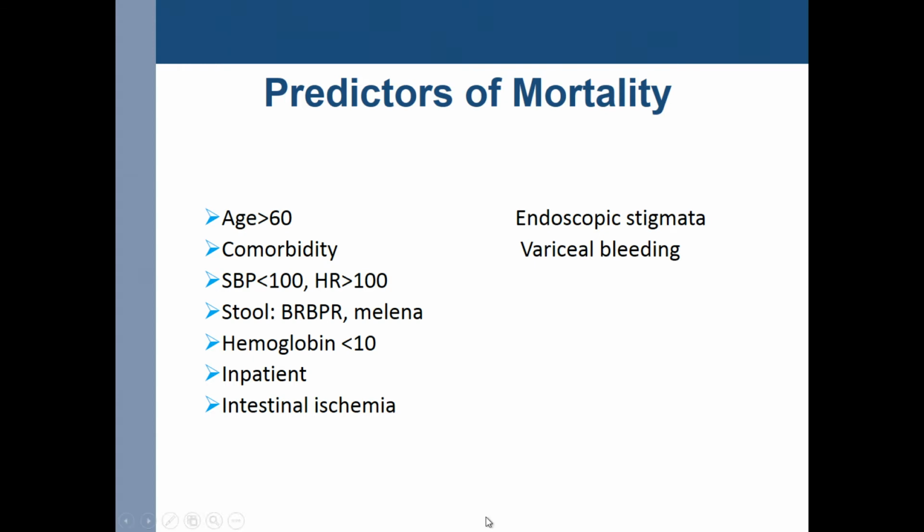On the right, you see here endoscopic stigmata and variceal bleeding. And we'll talk about endoscopic stigmata in a little bit, but depending on what's seen on EGD, that also predicts rebleeding rate, etc.